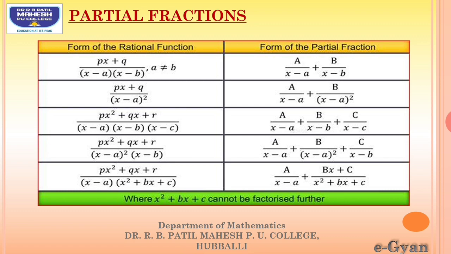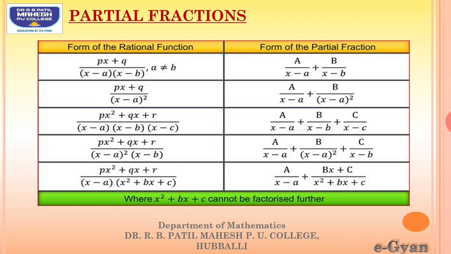For example, if the denominator is (x minus a) raised to 3, then we take (x minus a), (x minus a) whole square, then (x minus a) raised to 3, and for the third numerator we take the constant C. Now the third form is (px square plus qx plus r) divided by (x minus a) into (x minus b) into (x minus c) equals A by (x minus a), B by (x minus b) plus C by (x minus c).